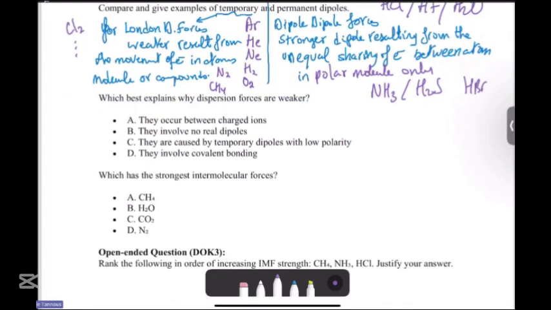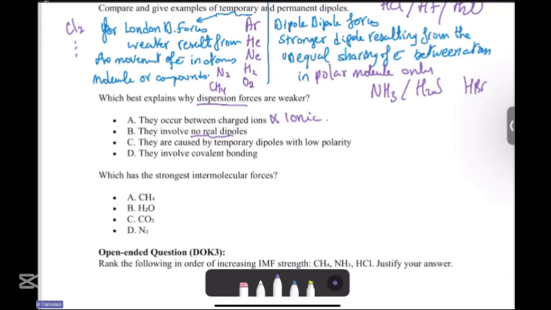What best explains dispersion, meaning London dispersion forces? They definitely don't go between charged ions. That's for ionic compounds. They involve no real dipoles. We don't say no real dipoles, we say partial charges.